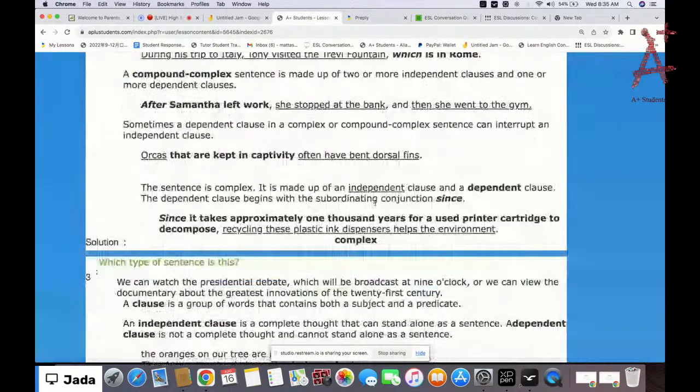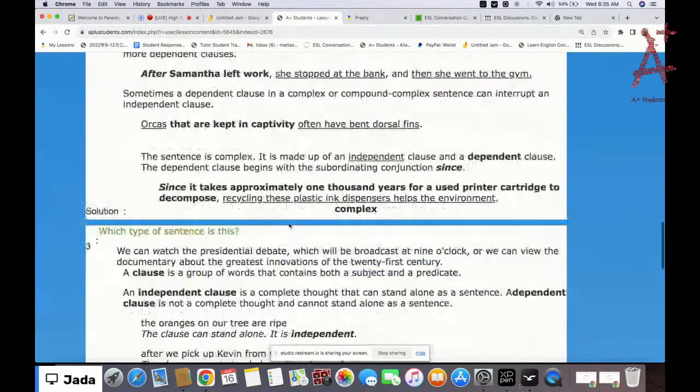Why? Because it's made up of an independent clause and a dependent clause. The dependent clause is the one that starts with "since", and the independent clause is "recycling these plastic ink dispensers helps the environment." From "recycling", you can leave that as a sentence on its own, and it's going to be okay. I hope that you get this clearly, and it won't be much of a problem for you to answer your questions.